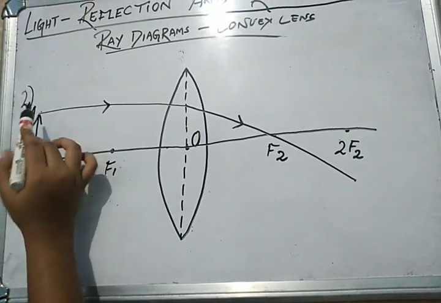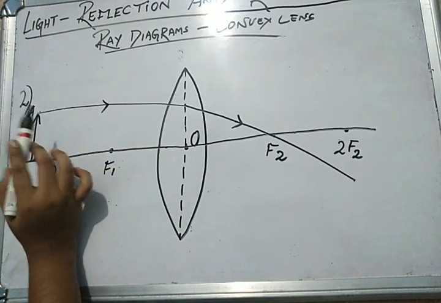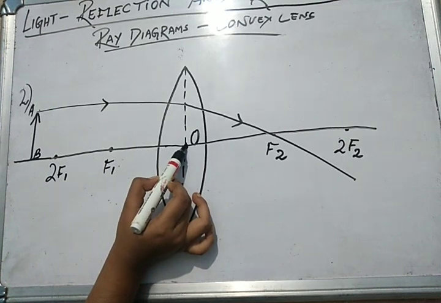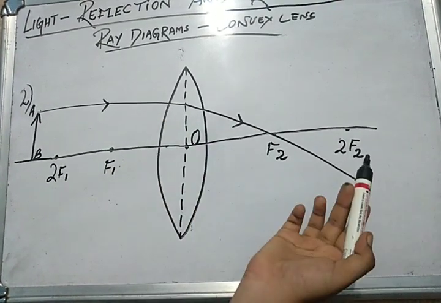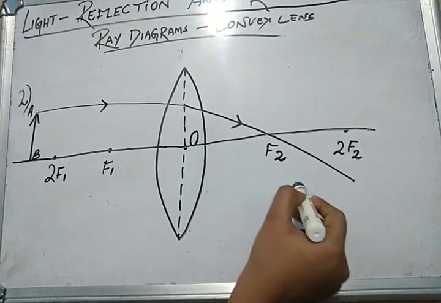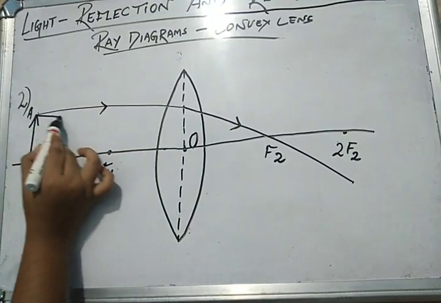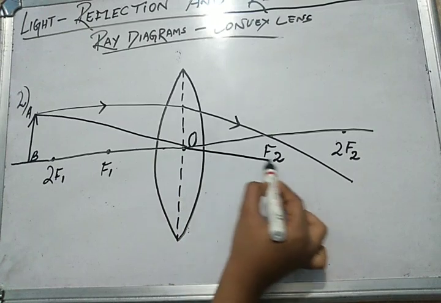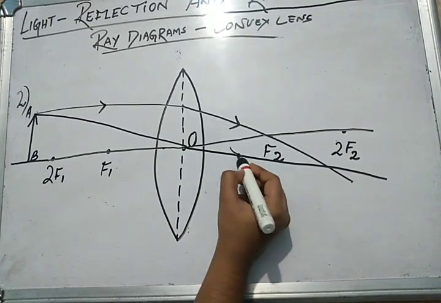Now I am taking the second ray, passing through the optical center. After refraction, it will refract without any deviation. It means it will go straight, like that. This is the refracted ray.